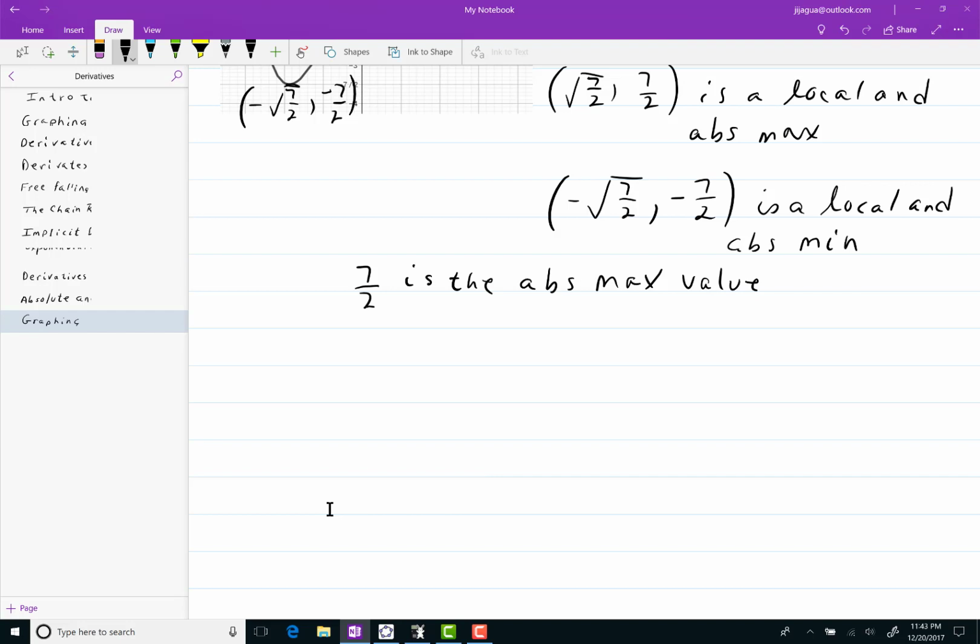So 7/2 is going to be the absolute maximum value. Negative 7/2 is the absolute minimum value.